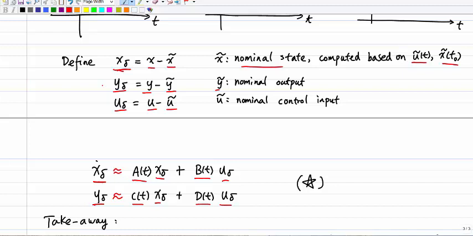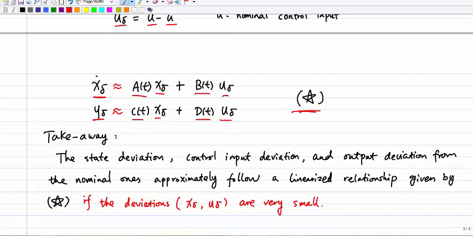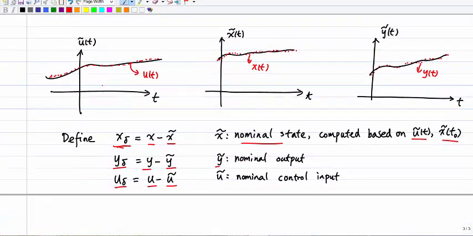I have an A and B and a C and D form. The key takeaway here is that the state deviation, the control input deviation, and the output deviation from the nominal ones approximately follow a linearized relationship given by this star, under the condition that the deviations, x delta and u delta, are very small. So the key idea of linearization of a nonlinear system is: for some given input and initial states, I can compute the state and output based on this input.